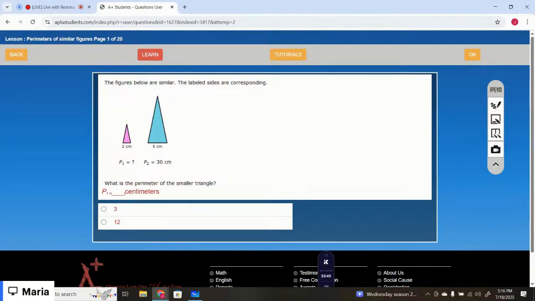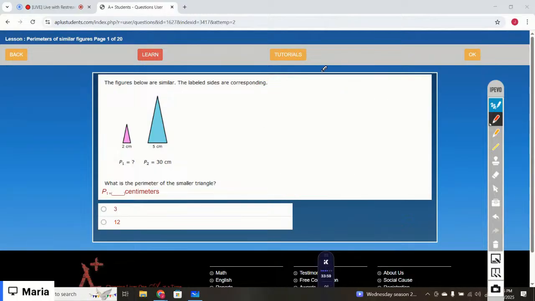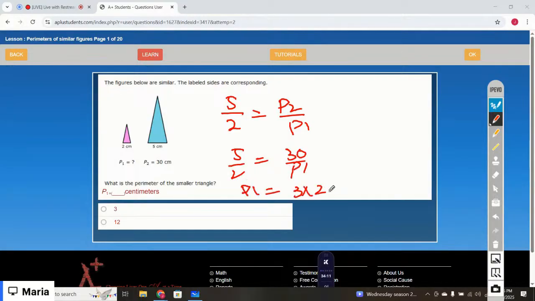The figures below are similar. The labeled sides are corresponding. What is the parameter of this smaller triangle? So that would be 5 over 2 equals P2 over P1. 5 over 2 equals 30 over P1. So that is P1 equals 30 times 2 over 5.